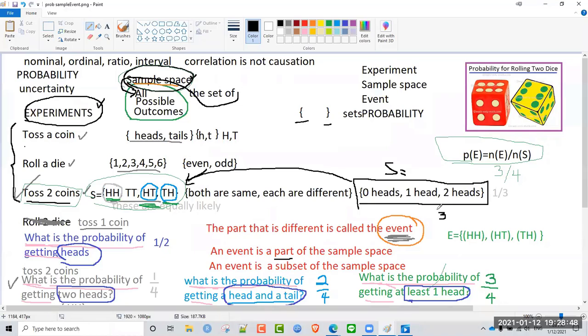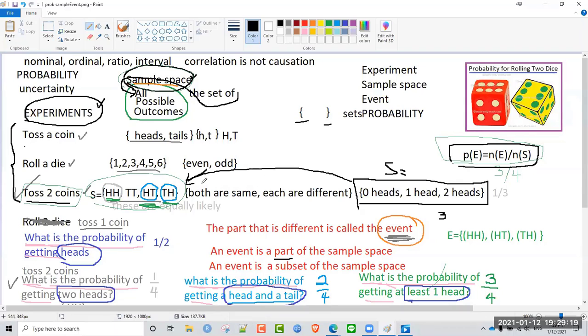But personally, I don't even know how to show that these are not equally likely and these are. But somehow we have to know that. If we know that these are equally likely, then we can use this sample space and this formula. We would get a different answer if we said these are equally likely; we wouldn't get the same answer, 3/4.